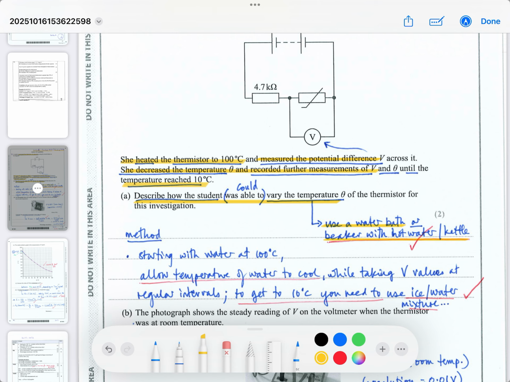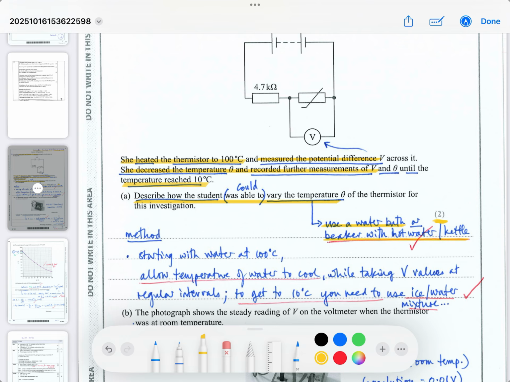And I basically take the voltmeter reading while the thermistor is immersed in the hot water. There are different types of thermistor you can buy. So 1 mark for realizing what you would need to start with, because it's only 2 marks. So I would start with the kettle and a beaker, and allow that to be the starting point.